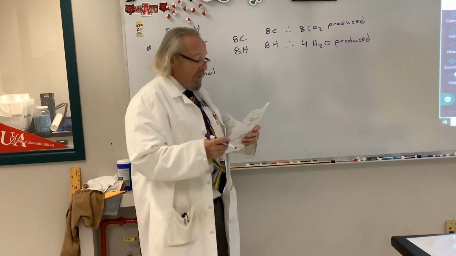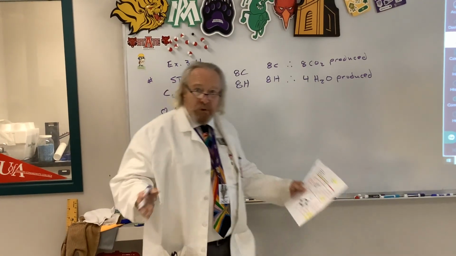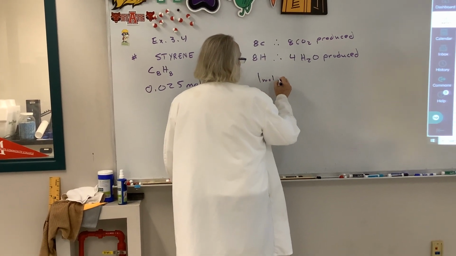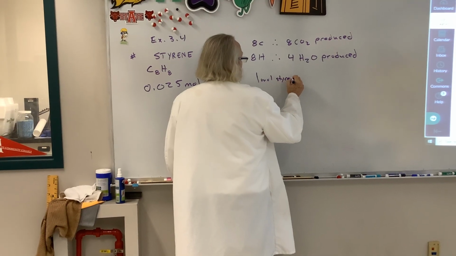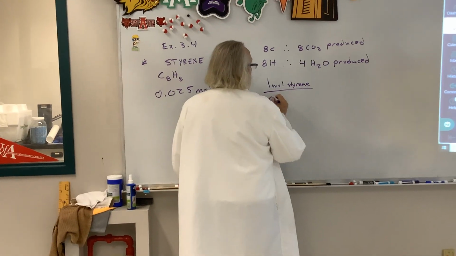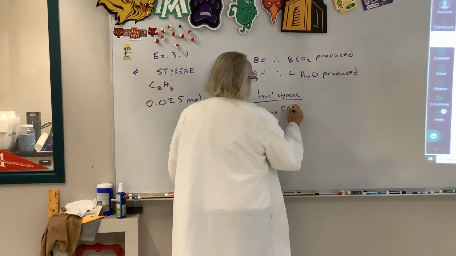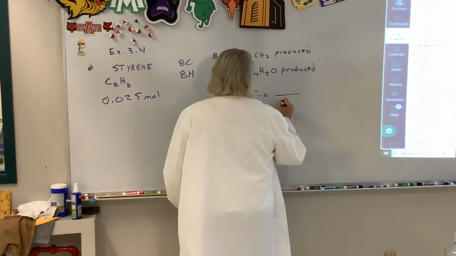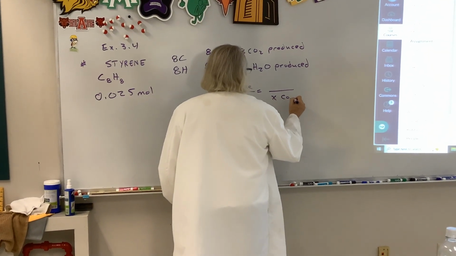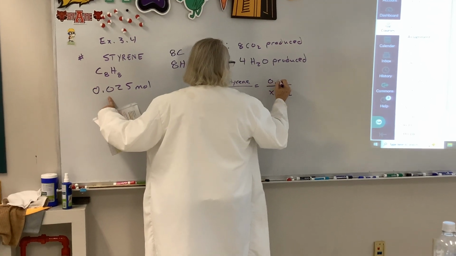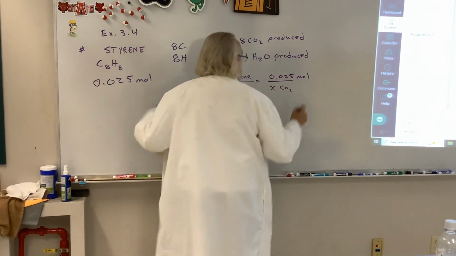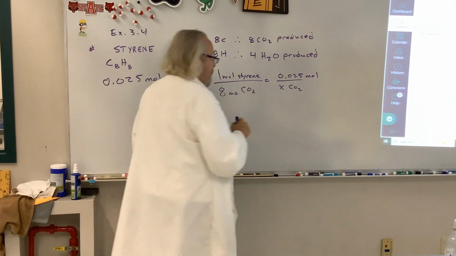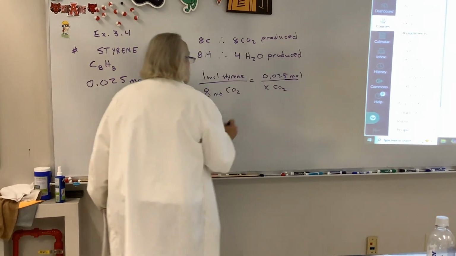Okay? So, if I want to do mole ratios and do it the long way, this means 1 mole of styrene, C8H8, produces 8 moles of carbon dioxide. And the question is, how many moles of carbon dioxide will be produced if I have 0.025 mole? So the proper way to do this, setting up mole ratios, as I'll show you in the second part of this video, is to cross multiply and solve for x.